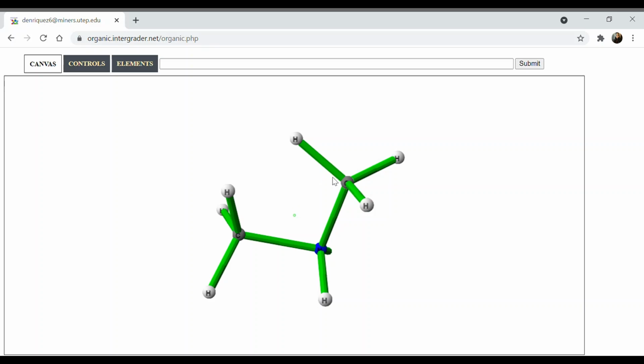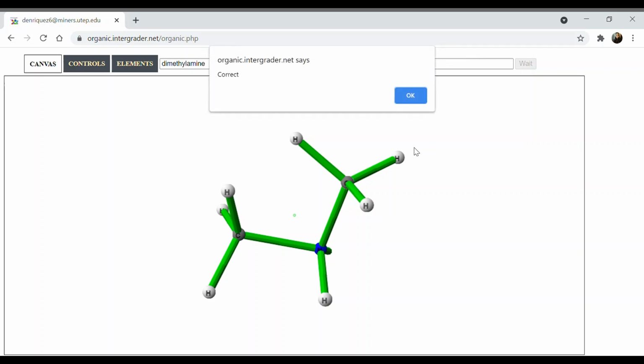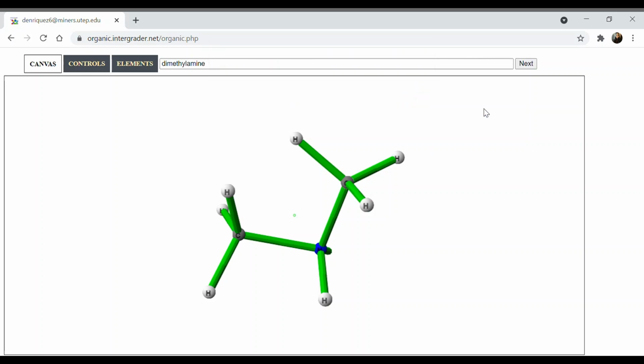You've got 2 methyls over here, so I'm going to write dimethyl. And then I have an amine, so dimethylamine. This is also the smallest acyclic secondary amine. He gave a bunch of other names like N-methylmethanamine, but dimethylamine is just so much easier to write.